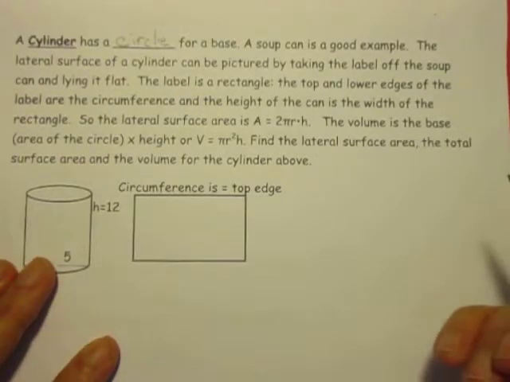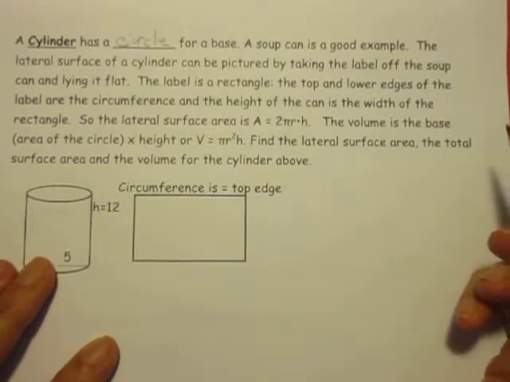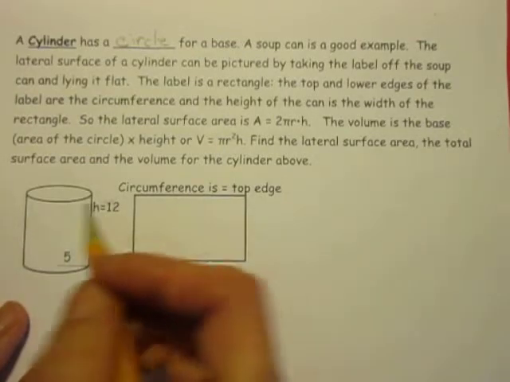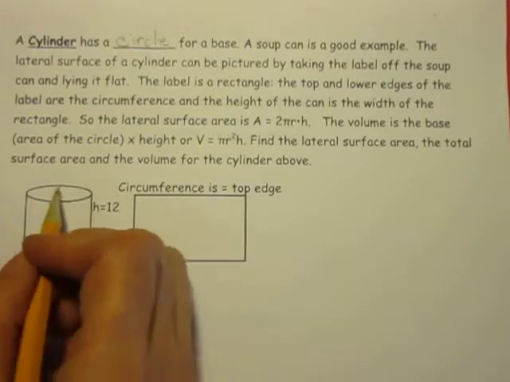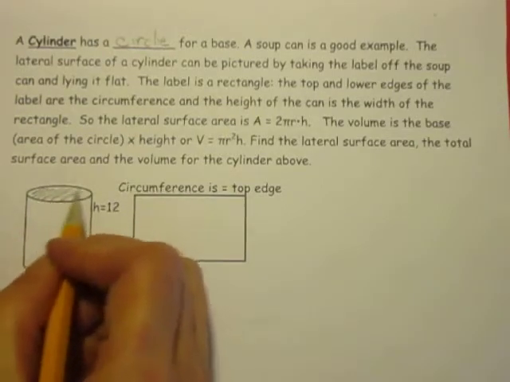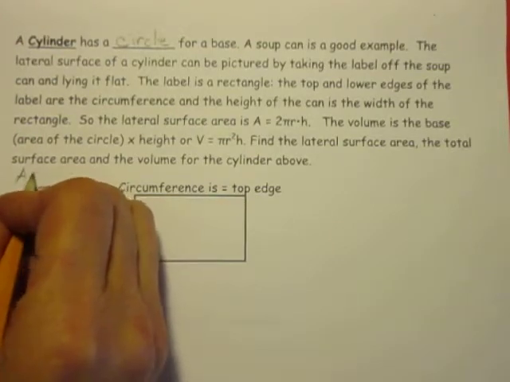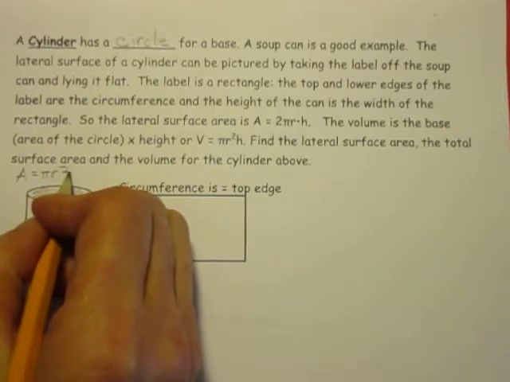Okay, so we're going to be using the same formulas for circumference as well as area of a circle, and then plugging them in where we need them. I'm going to start by figuring out our base area of the circle. We're going to find the area of at least one circle, and the two-dimensional formula for the area of a circle is pi r squared.